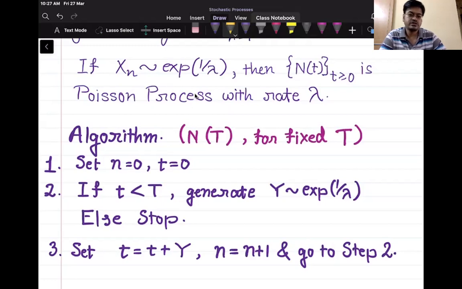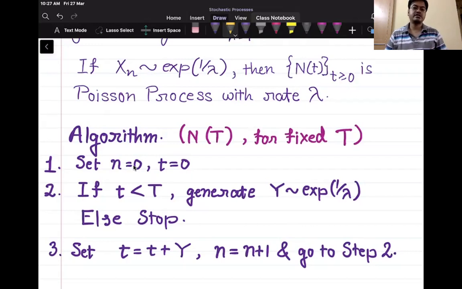So if I want to simulate this particular process, how will I do this? I will first start with N equal to 0 and t equal to 0. This takes care of the condition that at the initial point N(0) is equal to 0. Now you have to simulate the interarrival distribution. What is the interarrival distribution in case of Poisson?